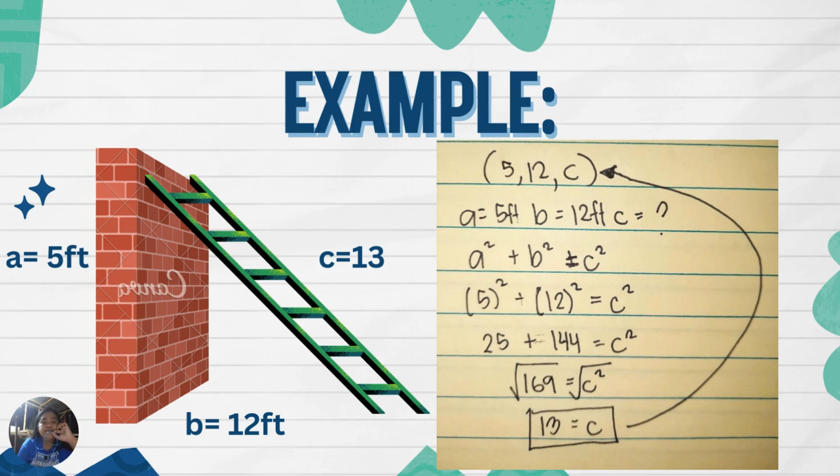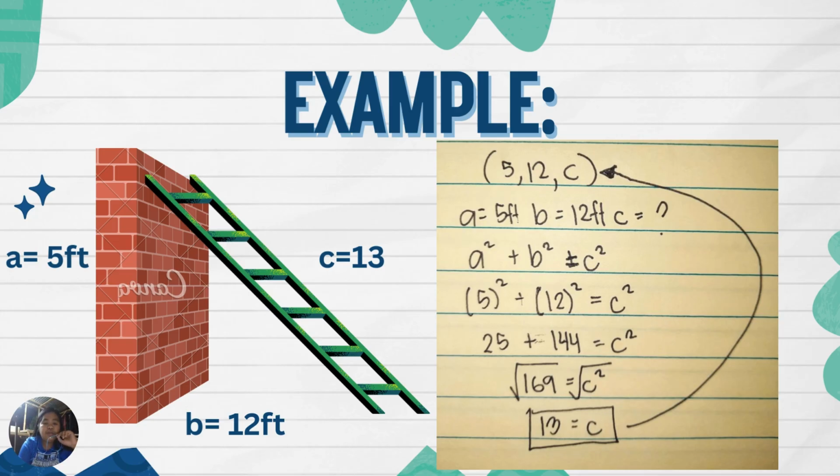Now, we have to use the formula of the Pythagorean theorem, which is a squared plus b squared is equal to c squared. So first step, we have to substitute. Now, a squared becomes 5 squared plus b squared becomes 12 squared is equal to c squared. So 5 squared is 25, plus 12 squared, which is 144, is equal to c squared.